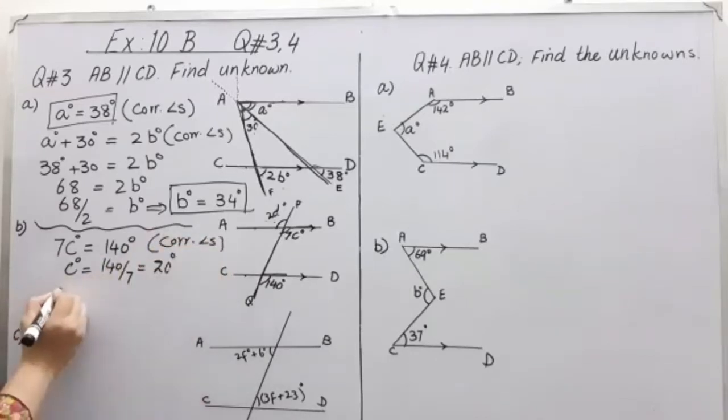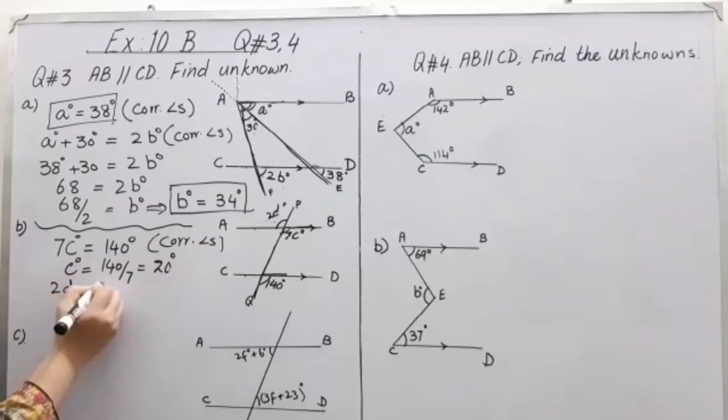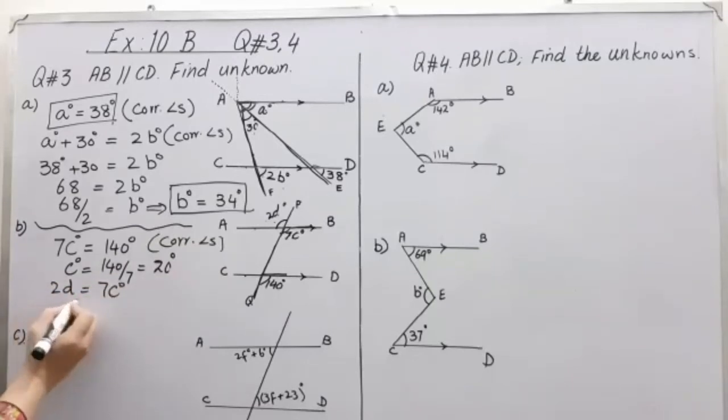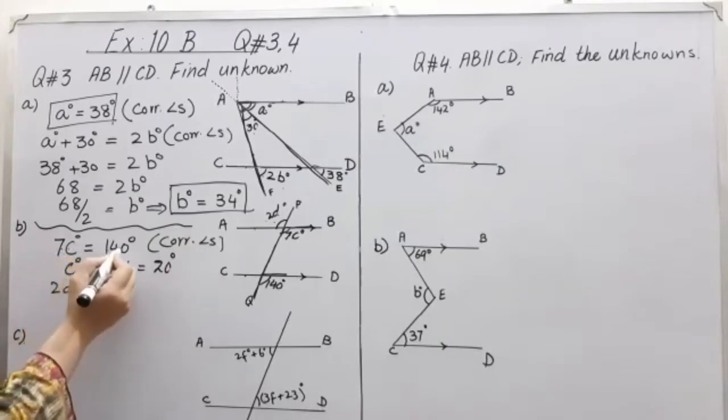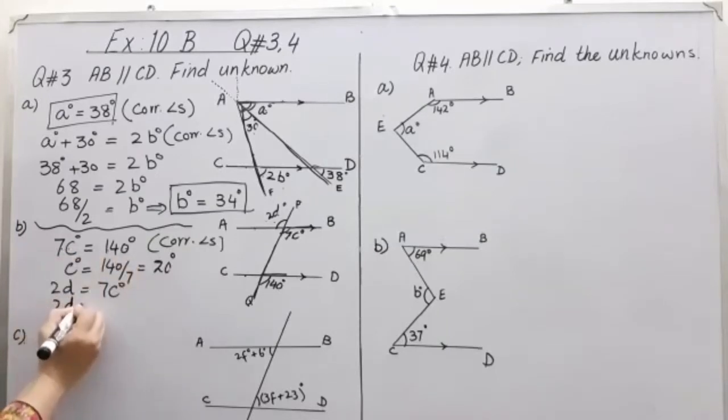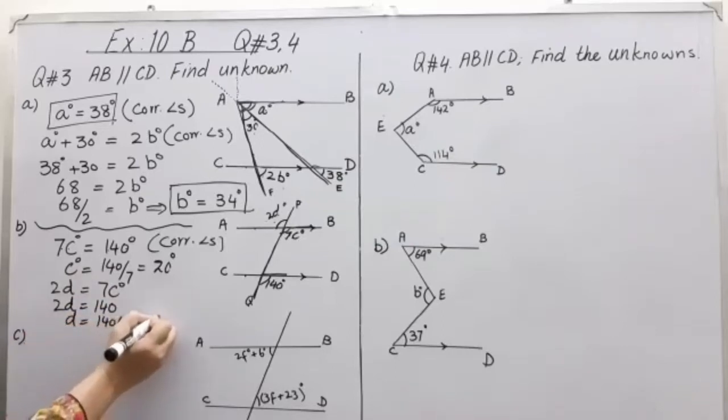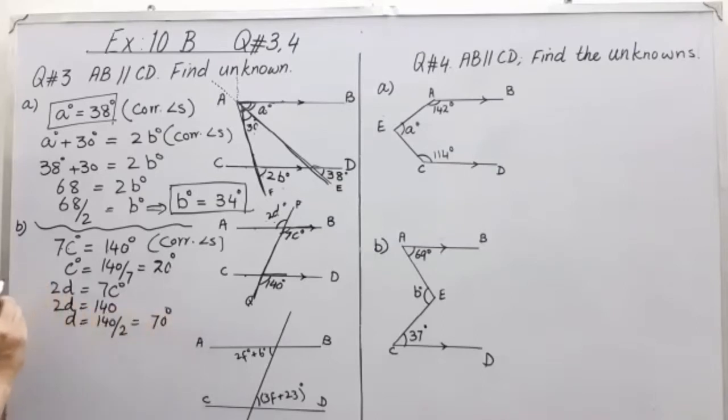Now 2D is equal to 7C. We put the value of C here, and we also know 7C equal to 140. 2D is equal to 140 and D is equal to 140 divided by 2 equal to 70. In this way we find both D and C. C is 20 and D is 70, our answer.